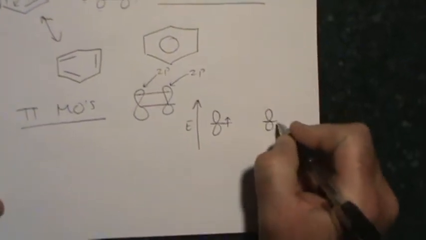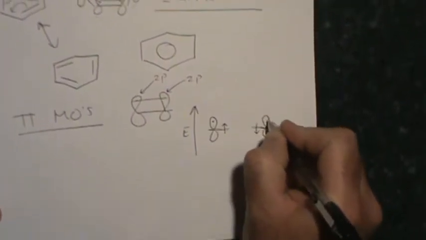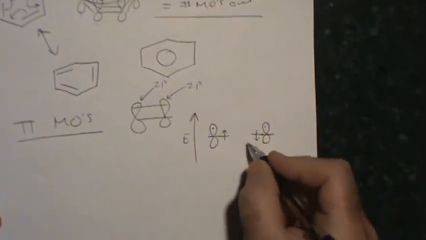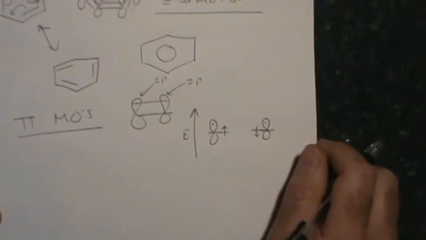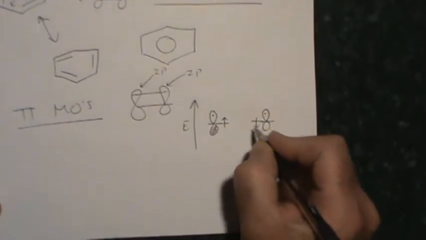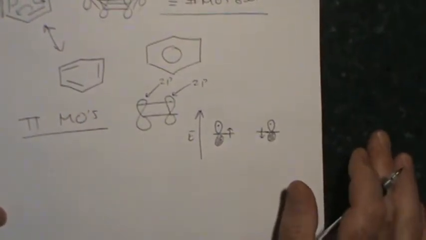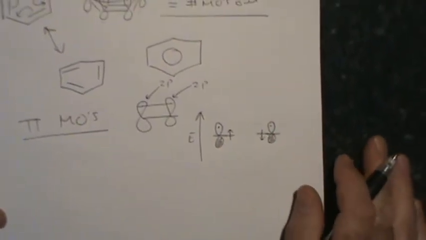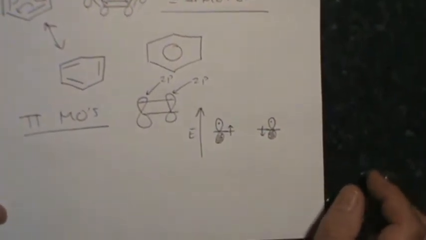They each have one electron, which we could show in a couple of different ways, either by putting an electron in the p orbital or by showing a spin up, and this one will be spin down so that they're spin paired. We know that these p orbitals mathematically are described in this way, where the two lobes of the p orbital have different shadings. One is shaded and one is unshaded.